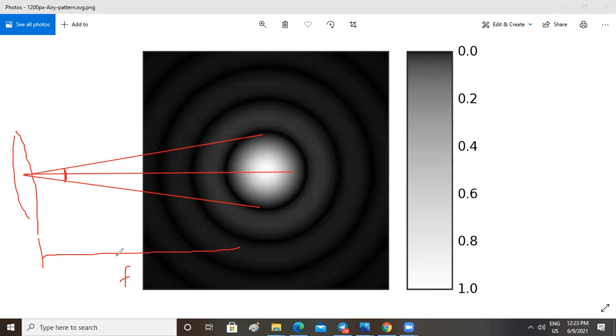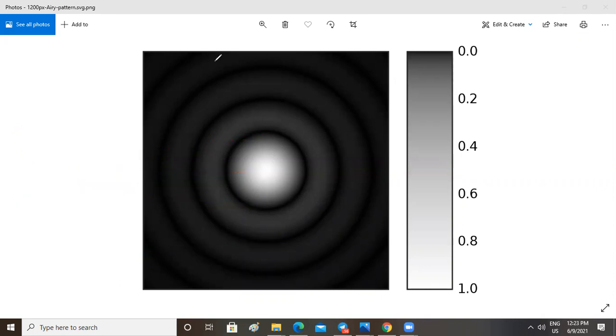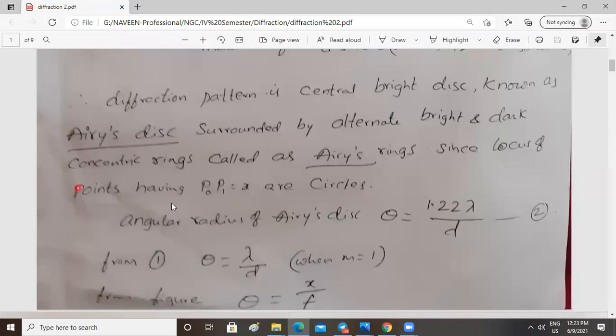Using this, I am going to derive this angle, the angular radius of Airy's disk. Airy calculated this as theta is equal to 1.22 lambda by d. Now what we are trying to do is calculate theta is equal to lambda by d. How?